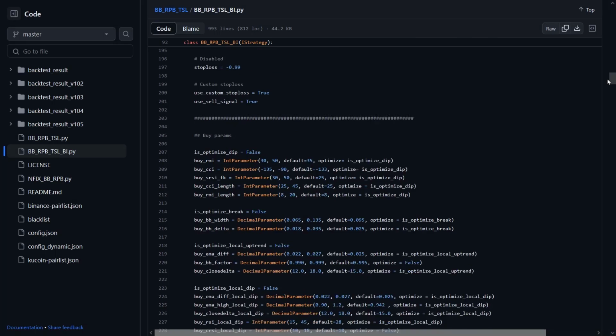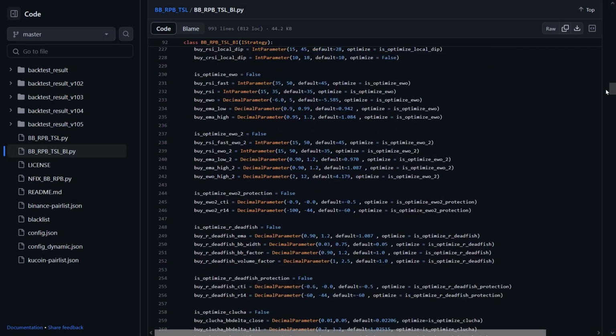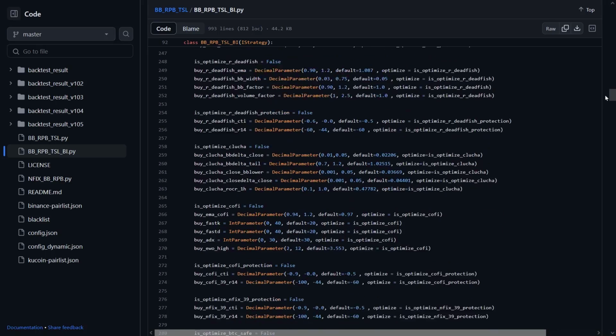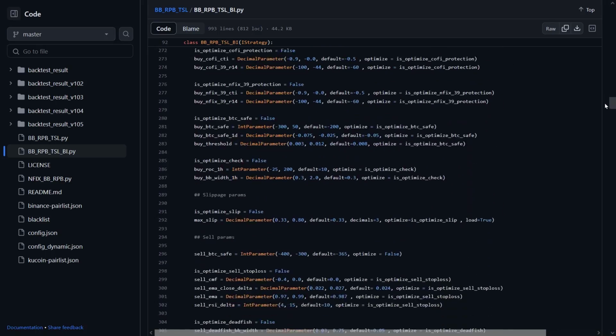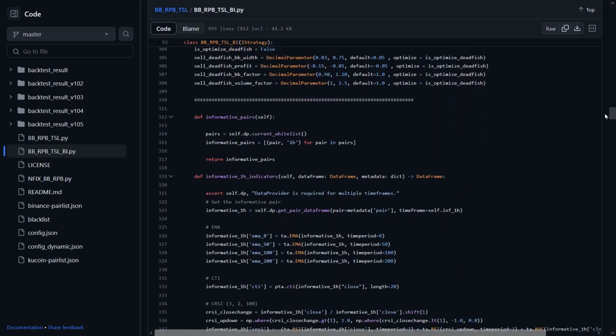Again, here in this section, a whole bunch of optimization settings for buy and sell parameters. And here the default indicator settings are set, as well as the spaces where hyperoptimization should search for the optimal setting. Then the code has a section where the informative pairs and timeframe settings are determined.